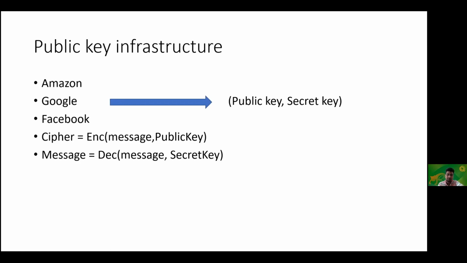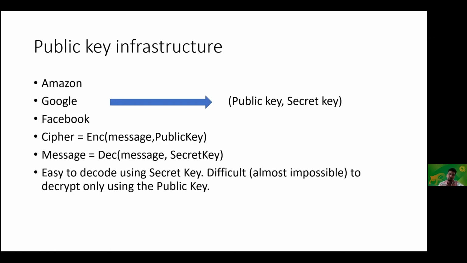And Google will decrypt the message using their secret key, and then they will be able to read the message. Now, how this system works is that by using the public key you can only encode, but you need the secret key to decode.